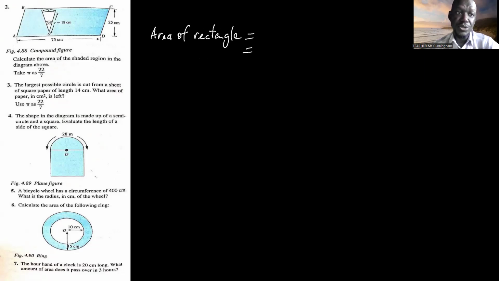So we must find the area of the rectangle. After you work that out, you have to find the area of the sector. And then you subtract, and that will give you the area of the shaded portion.